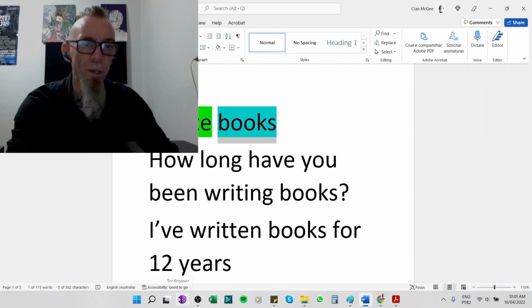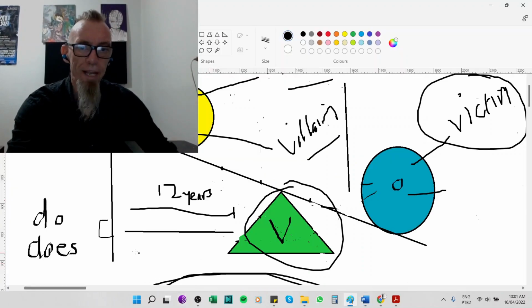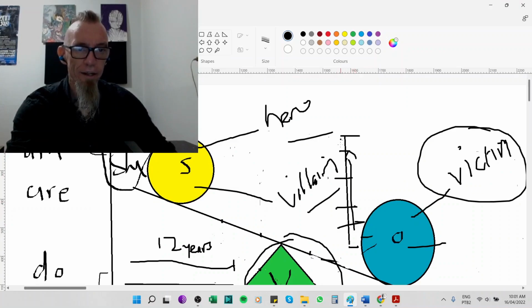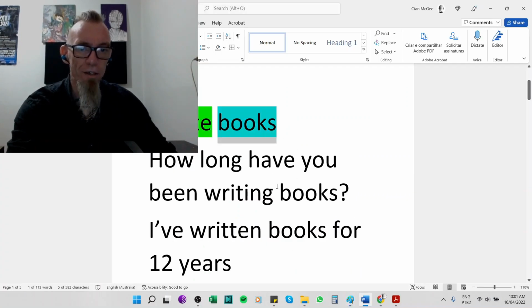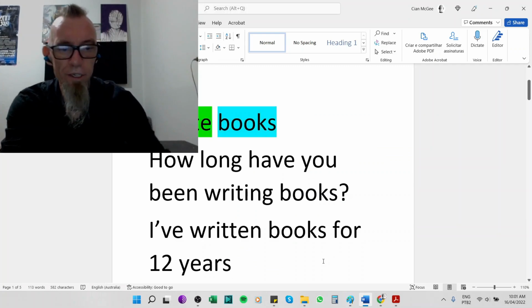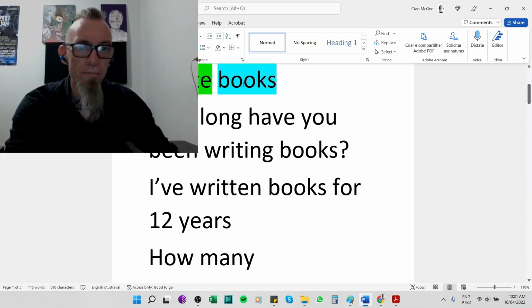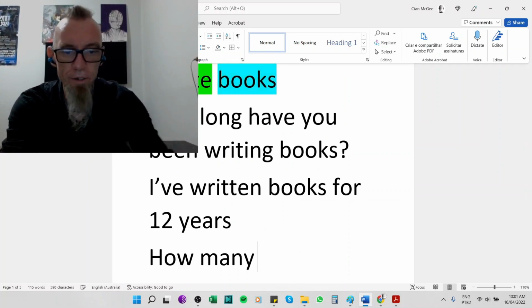Now we want to measure output. So if time is linear, well then output is vertical. So output, we're measuring the quantity of something. It's like a stack. And so instead of how long, for this one, our question is going to be, well, how many? And so what are we measuring here? We're measuring books.